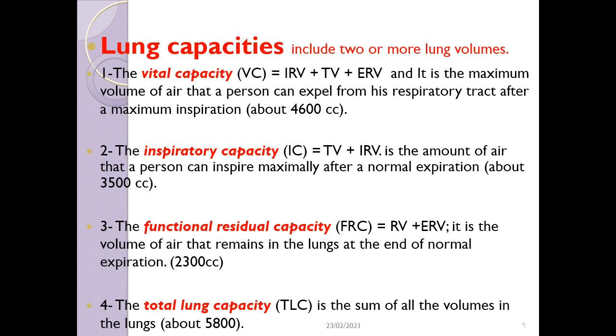What's the functional residual capacity? The functional residual capacity is the volume of air that remains in the lungs at the end of normal expiration, which is equal to the residual volume and the expiratory reserve volume, and it is equal to 2,300 ml of air.